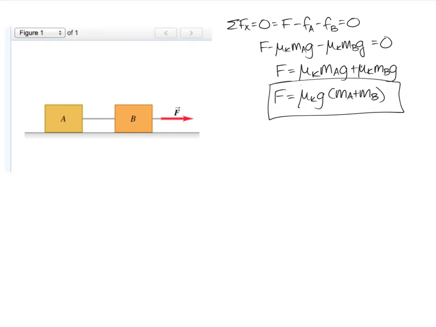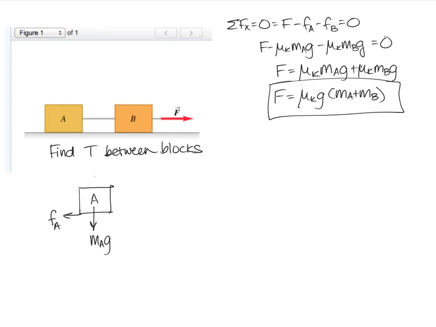In the second part of the problem, we want to find the tension between the blocks. So when we do this, we're going to look at the blocks separately. So say I have block A, I have the frictional force acting on it, I have its weight, I have the normal force, and I have the tension.